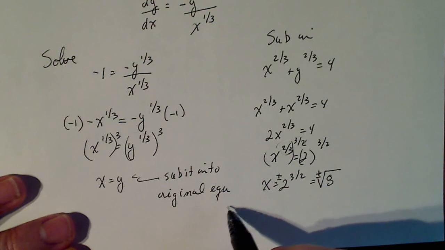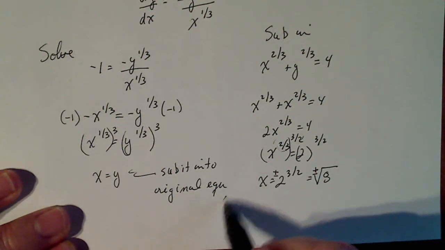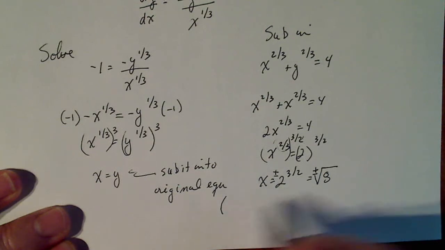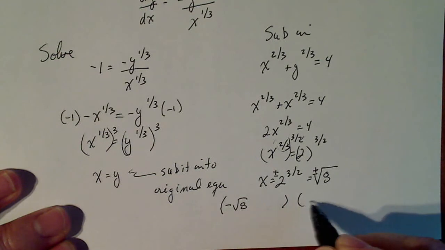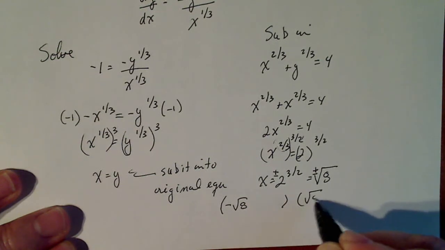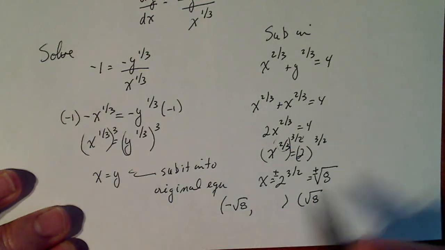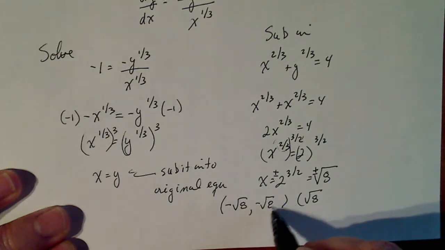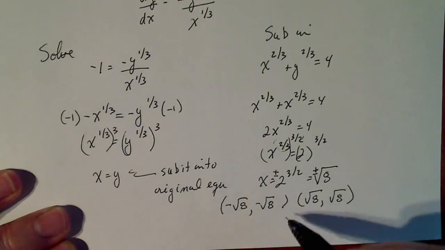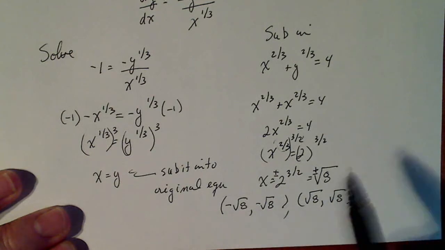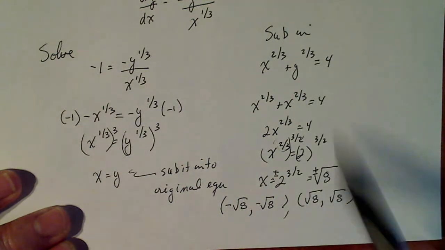So 2 x values in my ordered pairs that give me a slope of -1 of the tangent line. I have an x that's going to be -√8, and an x that's going to be +√8. However, since x equals y, I'm also going to have that value for y and that value for y as well. And if you want to test whether or not these are actual points on the curve, all you have to do is sub them in here, and they should add up to 4.